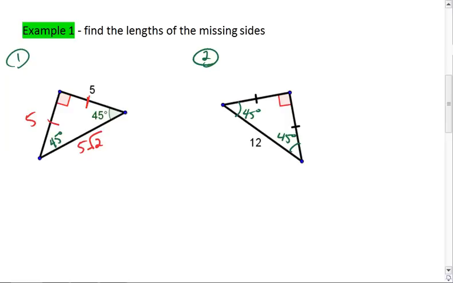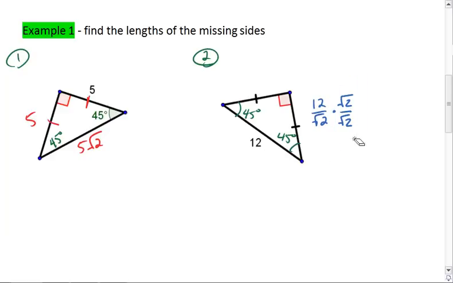In the second right triangle, our hypotenuse is 12. To go from hypotenuse to leg, we want to divide by the square root of 2. So our leg is 12 over the square root of 2. However, we really don't like having square roots in our denominator. So what we want to do is multiply by square root of 2 over square root of 2. This is the same as multiplying by 1.